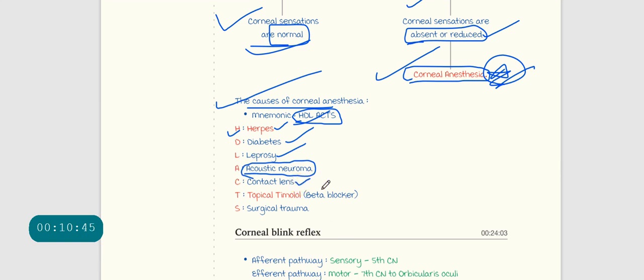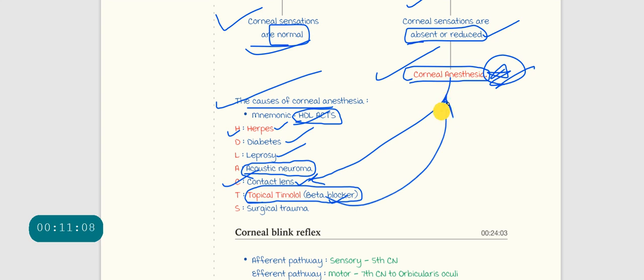It could also be due to excessive usage of topical timolol. You have studied this in pharmacology. It is a beta blocker, and its side effects include corneal anesthesia. Another cause is surgical trauma. So these were the causes of corneal anesthesia.